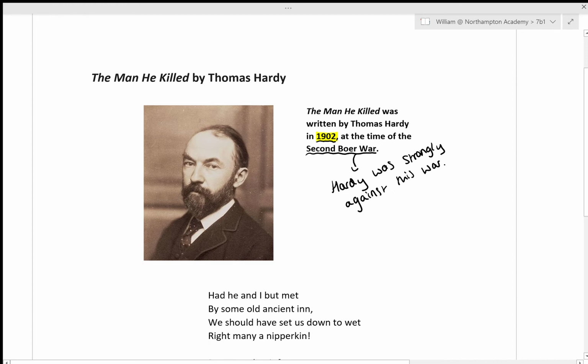The reason Hardy was strongly against this war was because the British were trying to defend their empire, something that he was very much against.